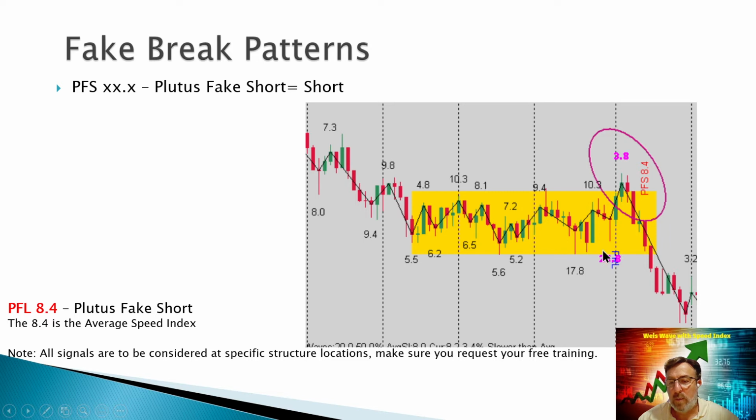Is that blue 21.8 speed index, but this did not work out, this pattern, and immediately after this the fake short came out, which says this was a false break. And you know, guys, they are doing it many times to buy at higher prices and in order to move the price up and then start selling. So in this case they were buying down here just to move the price up, and then they started selling.